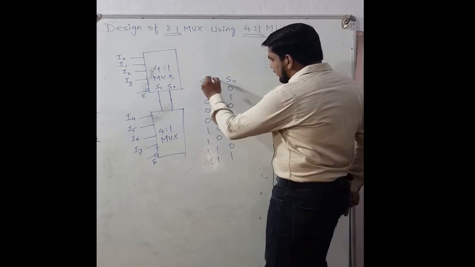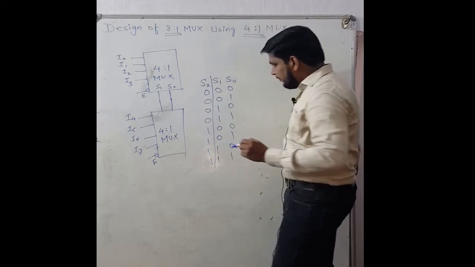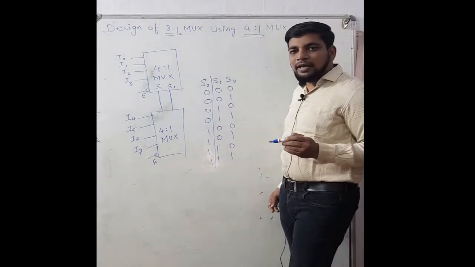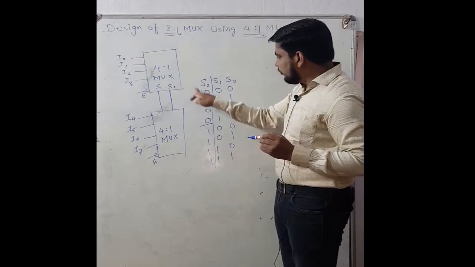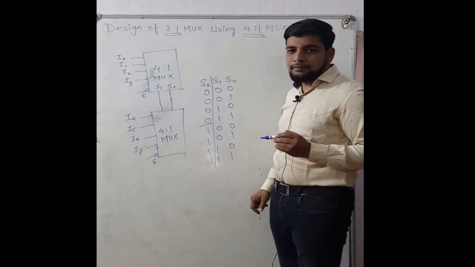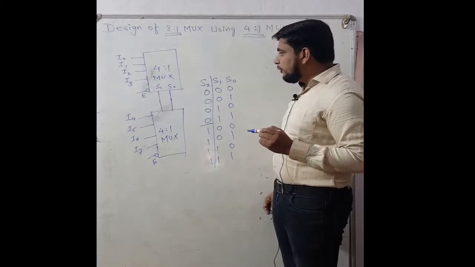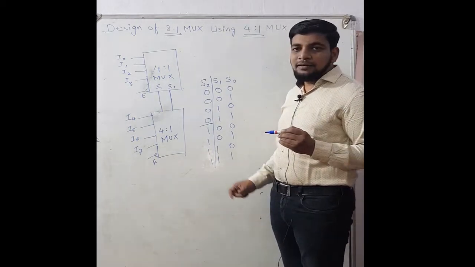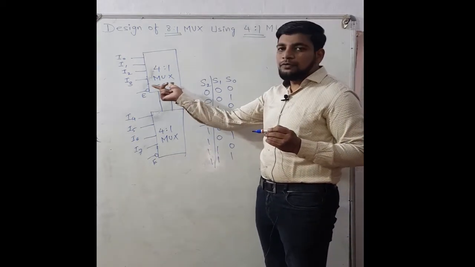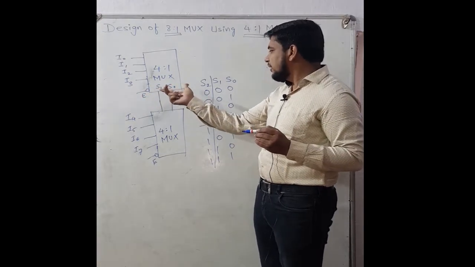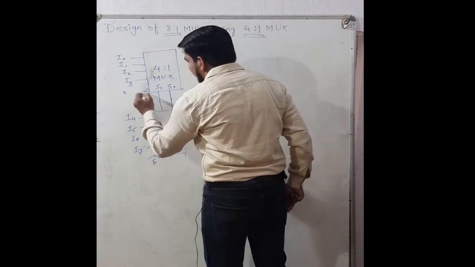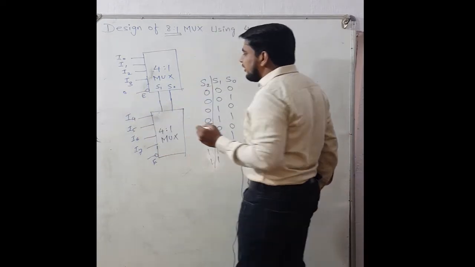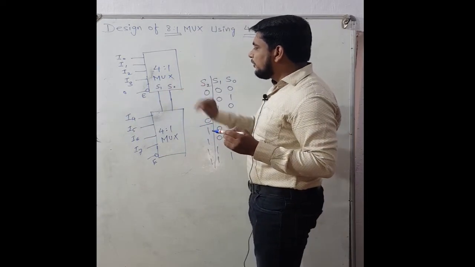Now, if you observe S2, you can observe that S2 is 4 times 0 and 4 times 1, and whenever we need to enable an IC, we require a 0. We know that this is active low, means whenever a 0 is applied to the input, this bubble inverts the input and 1 is applied to the multiplexer.